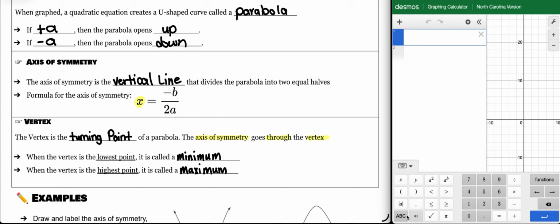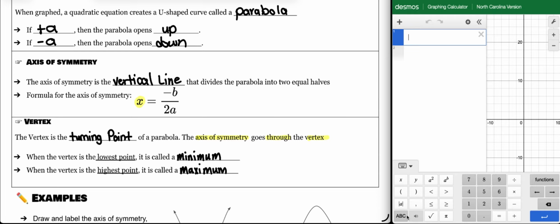And then the last part is the vertex. Now the vertex is the turning point of the parabola. It says that the axis of symmetry goes through that vertex point. Now, I said the word point, so that means every time that we go to solve these, we're going to have an ordered pair, and the ordered pairs are x and y.